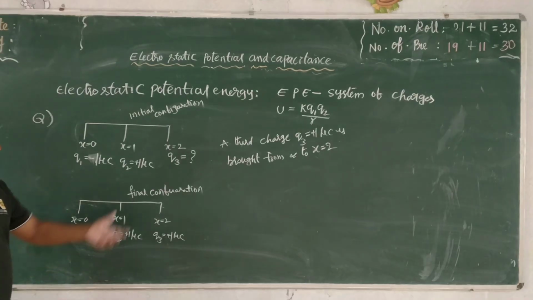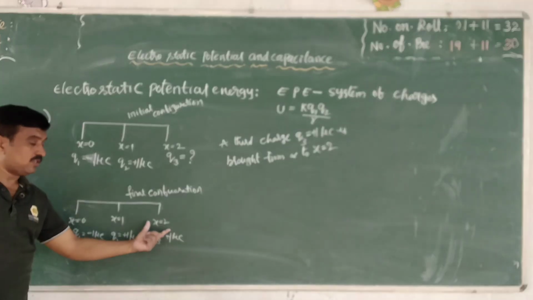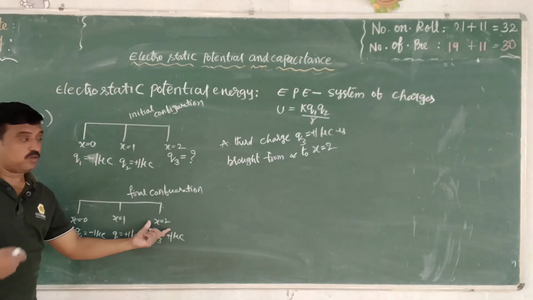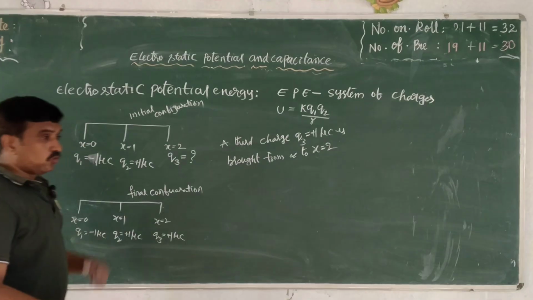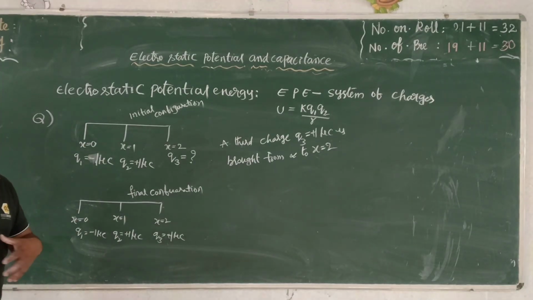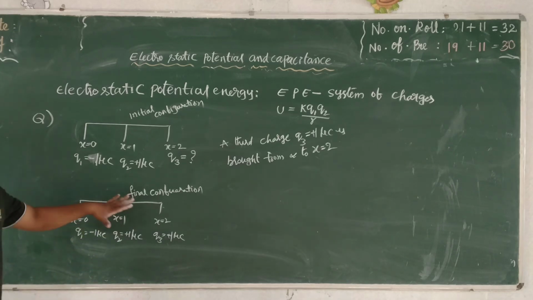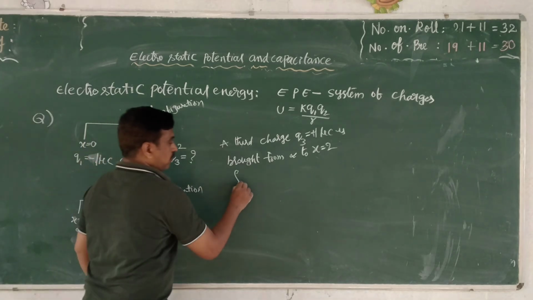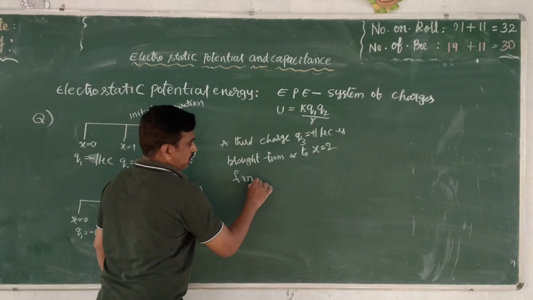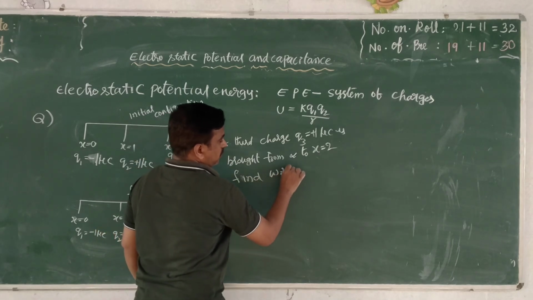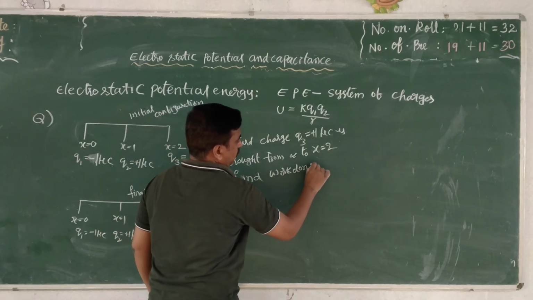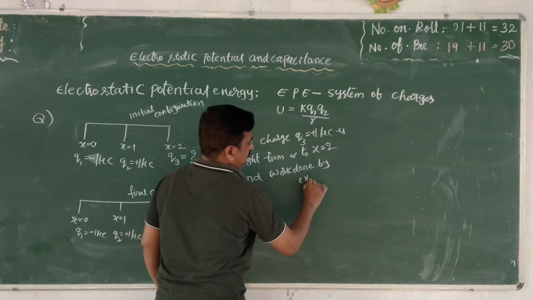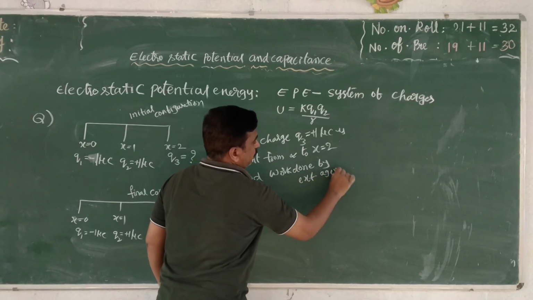To bring the q3 charge from infinity to x equal to 2 distance, we have to do some work. What is the work done, what is the change in potential? That is what we want to find: the work done by the external agent.